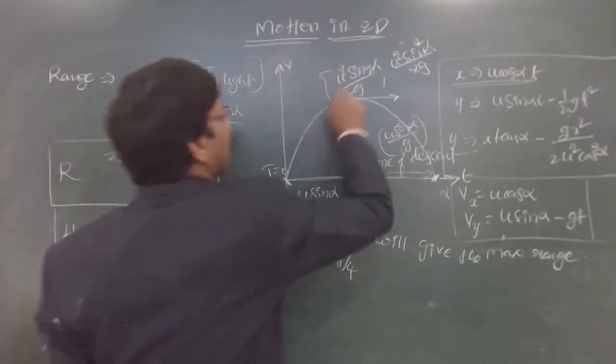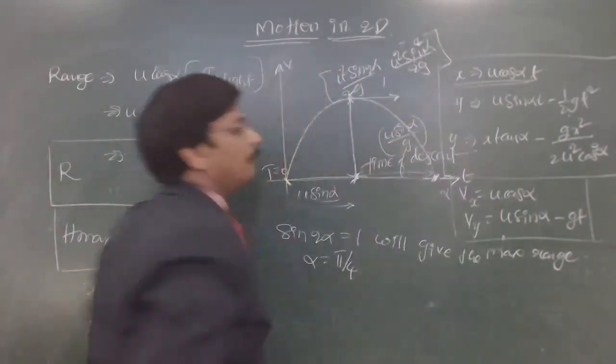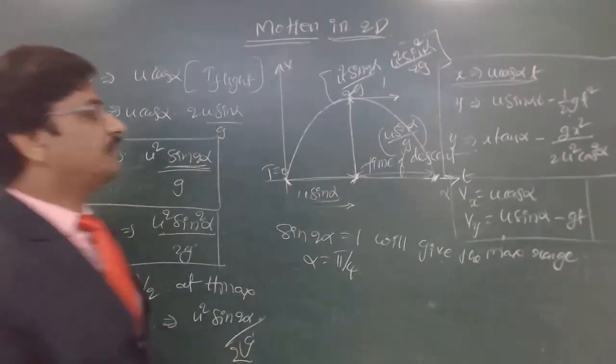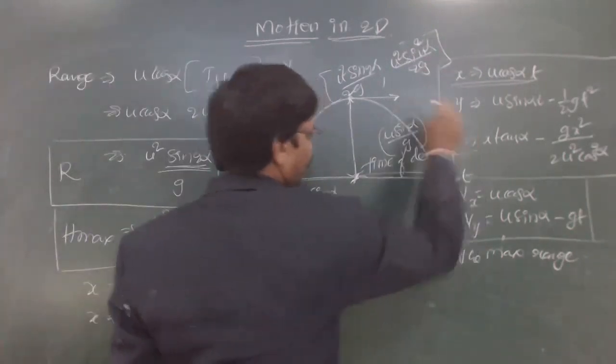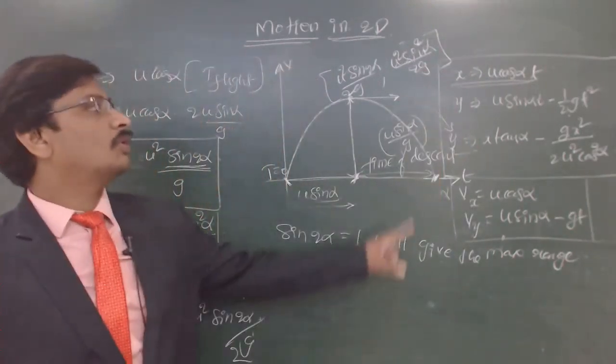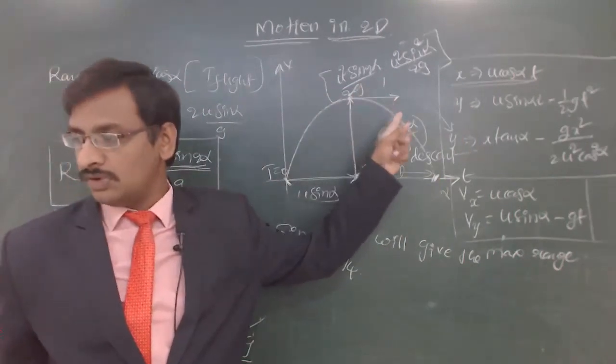So this is the point of the vertex of the parabola whose equation is given by this equation. Got it? The parabola equation is also known and the vertex is also known.